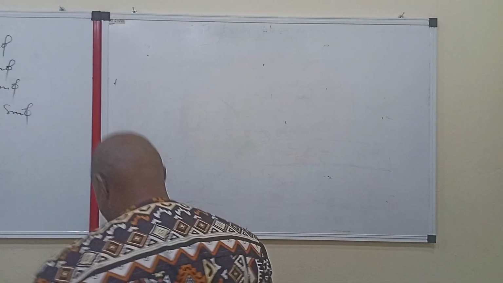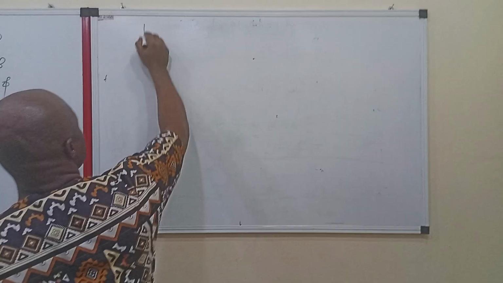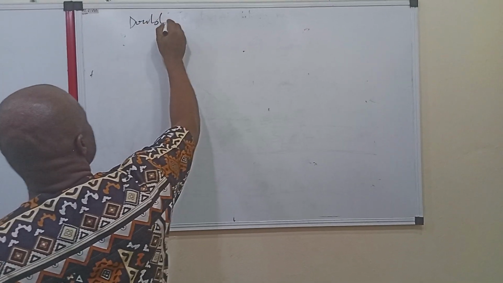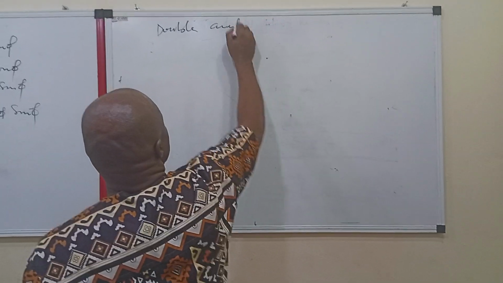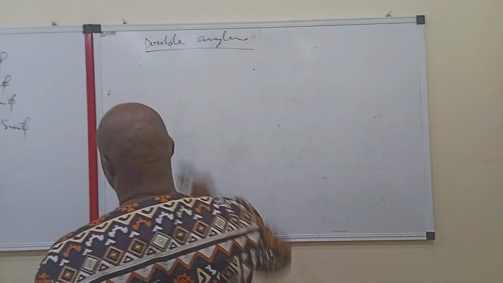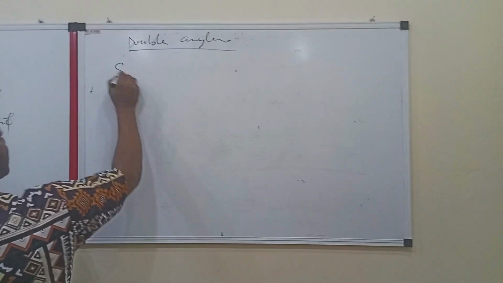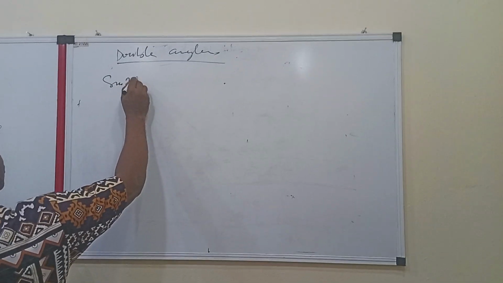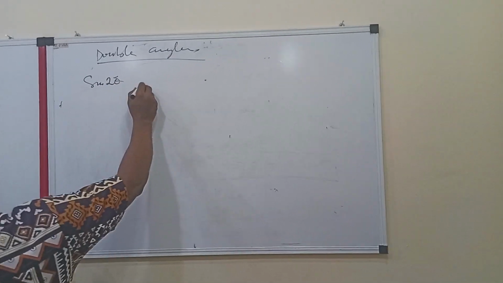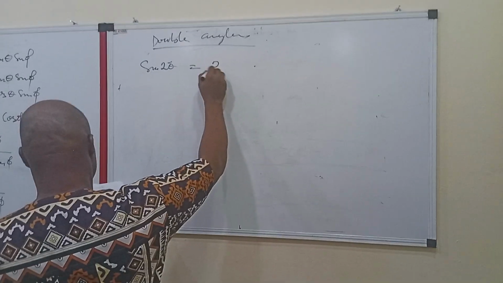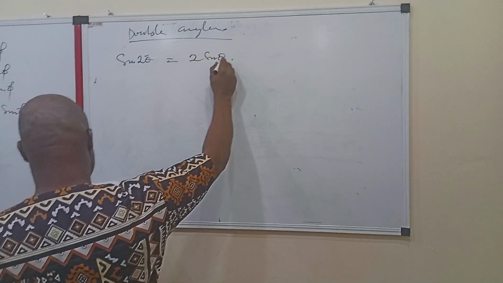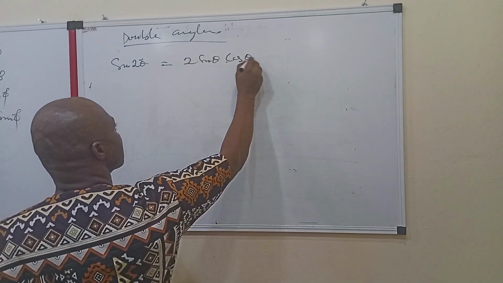For that of double angles, we have sine 2 theta is equal to 2 sine theta cos theta.